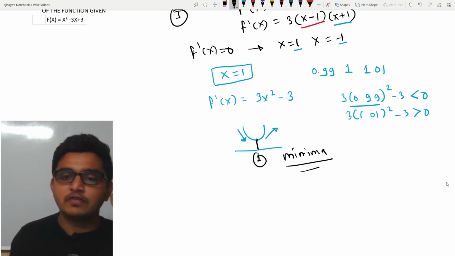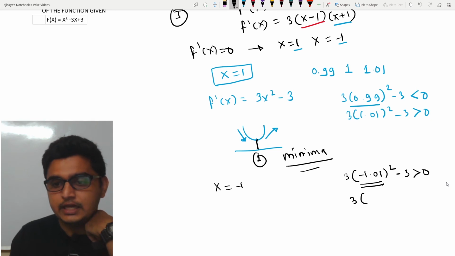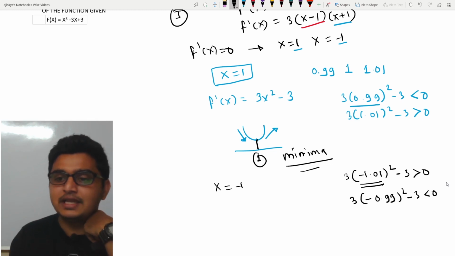But in case of minus 1, if we take x equals minus 1, it is going to be 3 times minus 1.01 squared minus 3, and this is going to be greater than 0, since this is going to be greater than 1, and 3 times minus 0.99 squared minus 3 is going to be less than 0.